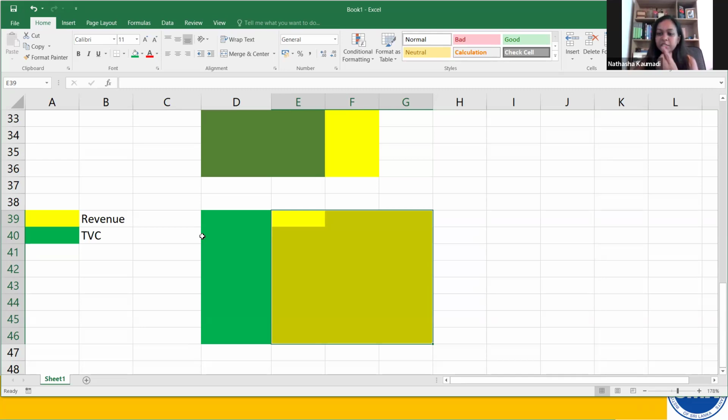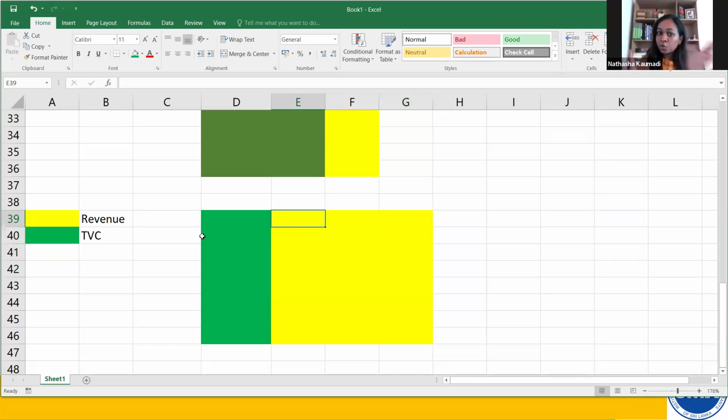Total contribution. Contribution is correct. Now, is this fixed cost? Is that clear, Tharinda? Yes. This is total contribution, total revenue minus total variable cost.